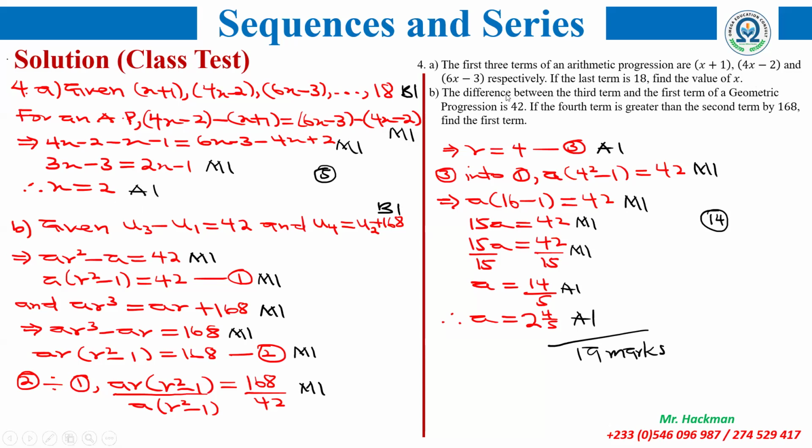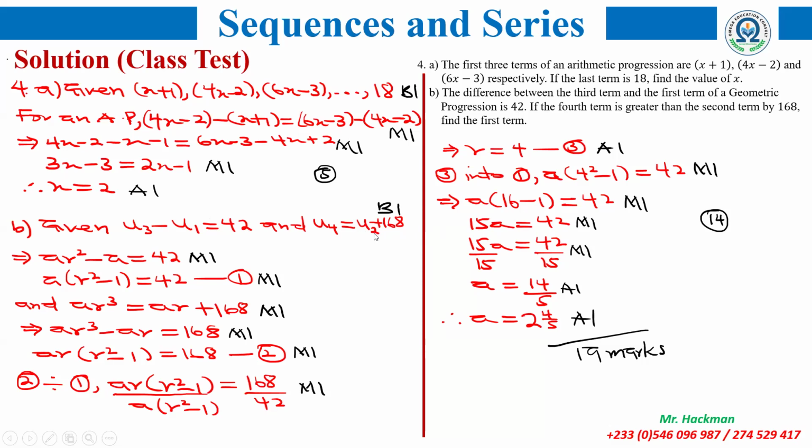Then B, let's see. The difference between the 3rd term and the 1st term of a GP is 42. So given this, that's the first statement. If the 4th term is greater than the 2nd term by 168, it means the 4th term must be equal to the 2nd term plus 168, or the 4th term minus the 2nd term should give you 168.